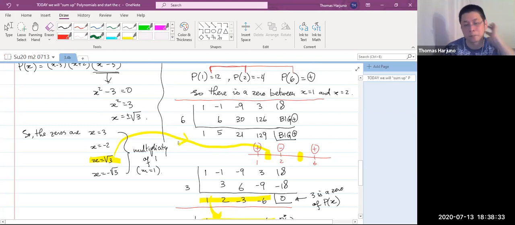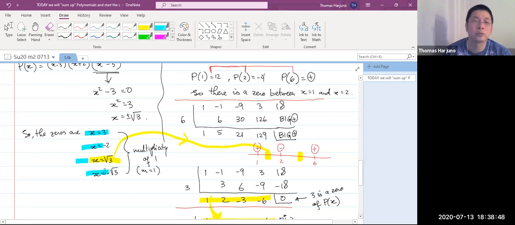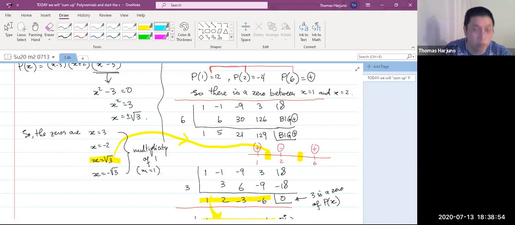And notice that according to Descartes' rule of signs, we do have now 2 positive zeros and 2 negative zeros. And lucky that we don't have any complex zeros. Now it could happen though. Now that's for number 24.